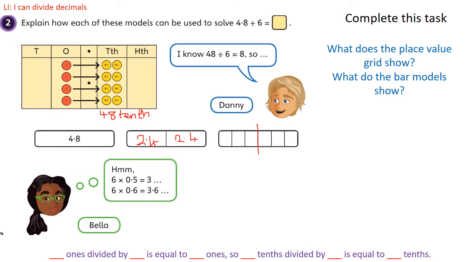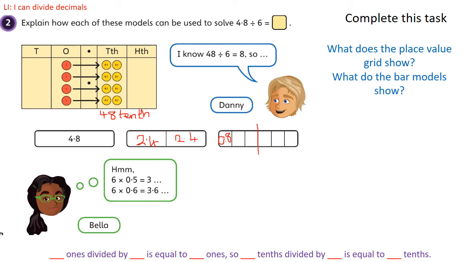So 2.4 divided by 3. Well, I know that 24 ones divided by 3 is going to be 8 ones. So 2.4 divided by 3 is going to be 0.8.